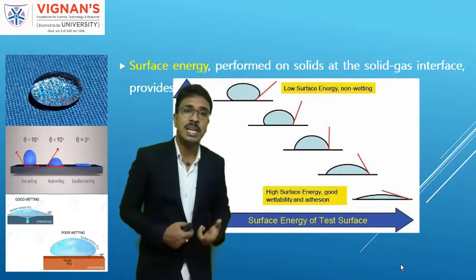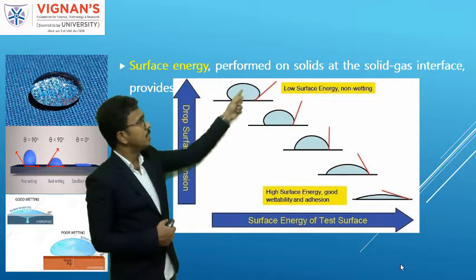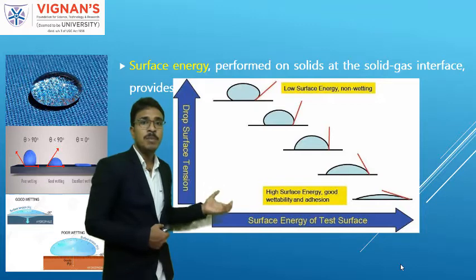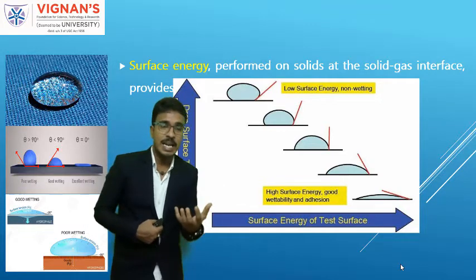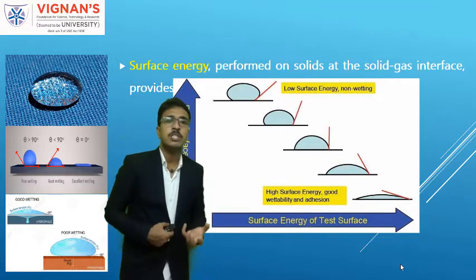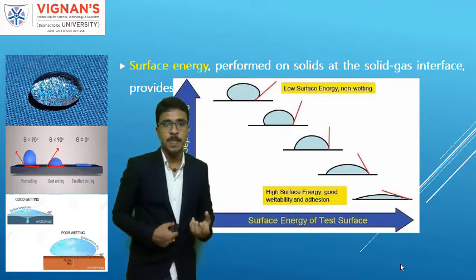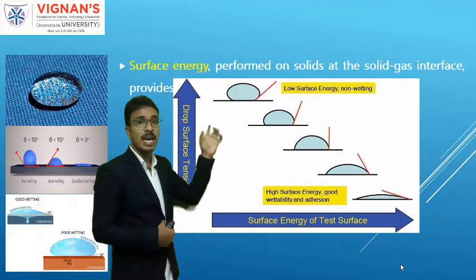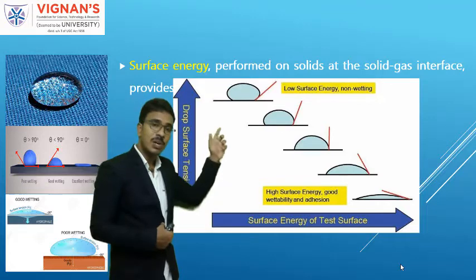What is this contact angle? When the water droplet is placed onto a solid surface, depending upon the wettability, that is the characteristics of the solid surface, the droplet may absorb or may stay over the surface of the fabric itself. That leads to making an angle with the solid surface. That is called the contact angle.